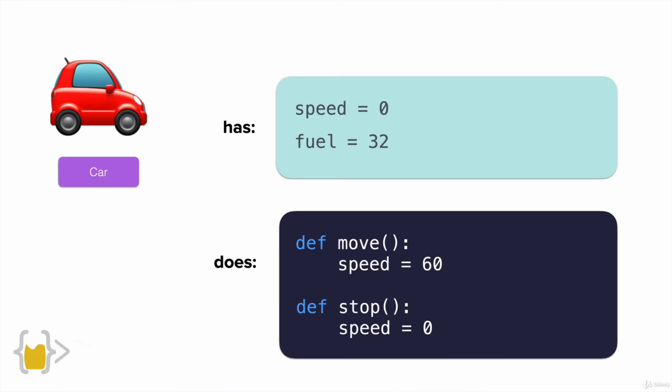Now, in addition to the things that an object has, so data that it holds, like the speed or the fuel, which we've already seen, it also has things that it can do, right? So functions that are associated with that particular object. And these functions, when tied to an object, are known as methods. But essentially, we would use it the same way as we have done with any other function that we've created so far.